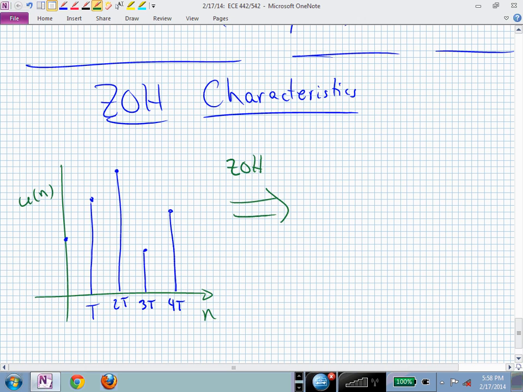We are going to just hold it right here so that now, if we look at this in the continuous time setting, we now are going to be constant there, constant there, constant there.